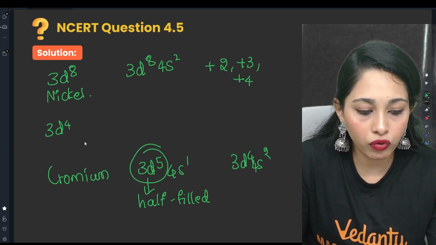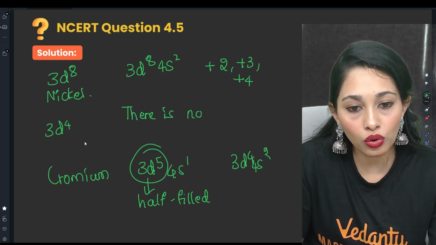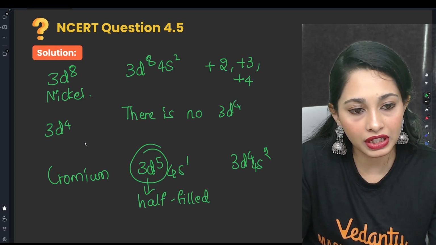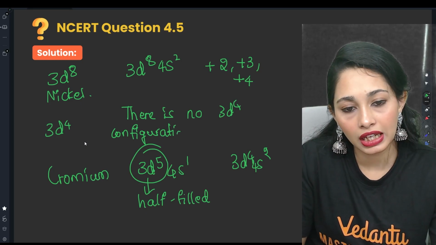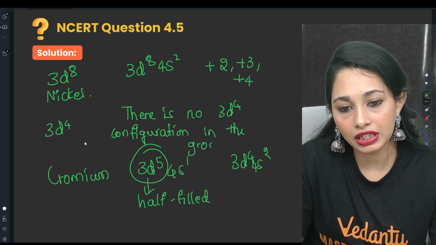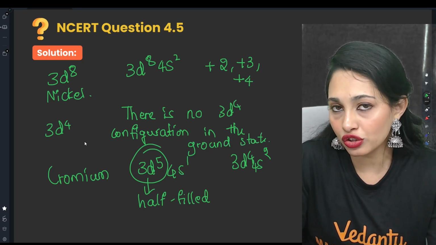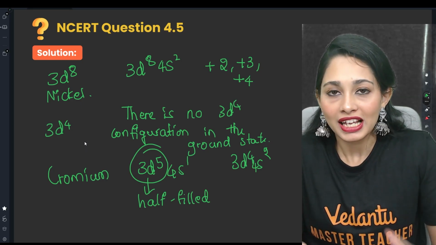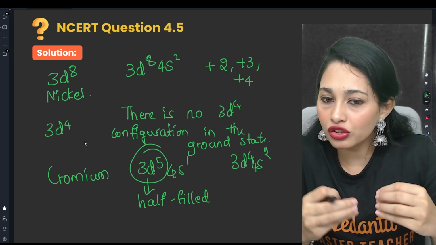So there is no 3d4 configuration in the ground state. 3d4 is not shown by any of the transition metals.